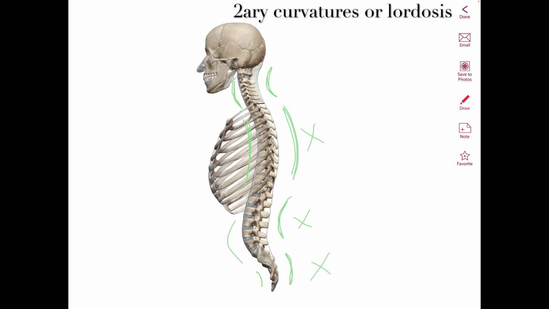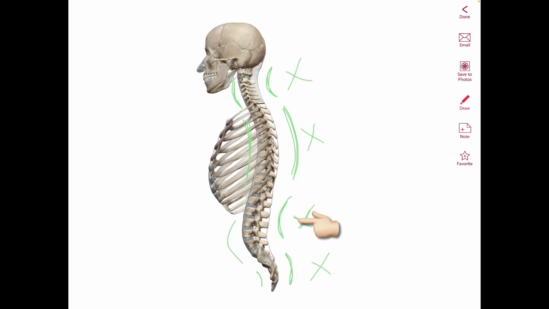The secondary curvatures, also known as lordoses, begin to appear during the fetal period but do not become obvious until infancy. These are located in the cervical and lumbar regions. The cervical curvature, or lordosis, becomes fully evident when an infant begins to raise its head while prone or to hold its head erect while sitting.